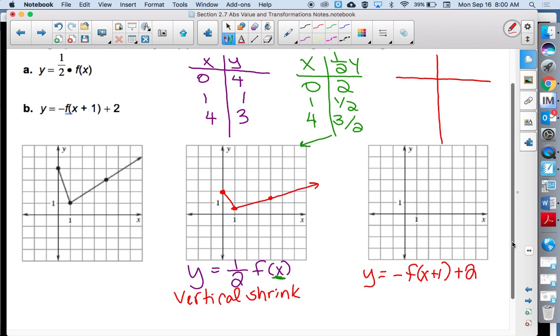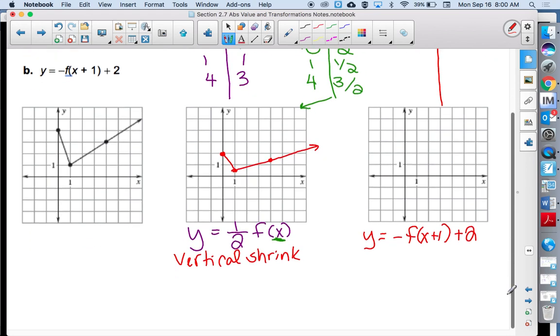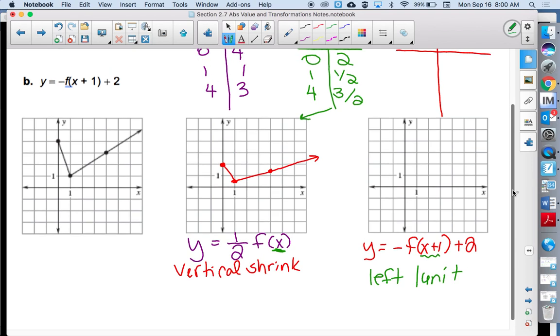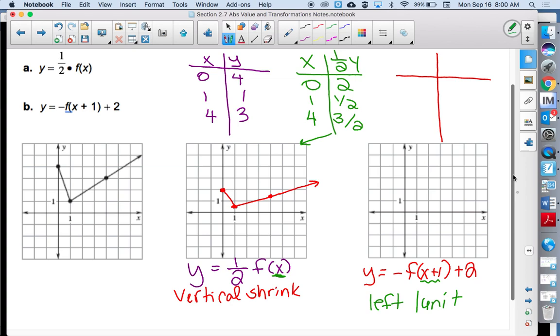So if you look at the notation, I know it looks weird to have an f in front. But start on the inside with x. How would this graph shift if it says x plus 1, Peter? It shifts to the left. So this graph goes left 1 unit. So if it's moving left 1 unit, Peter, what does that mean we're doing with the x values?